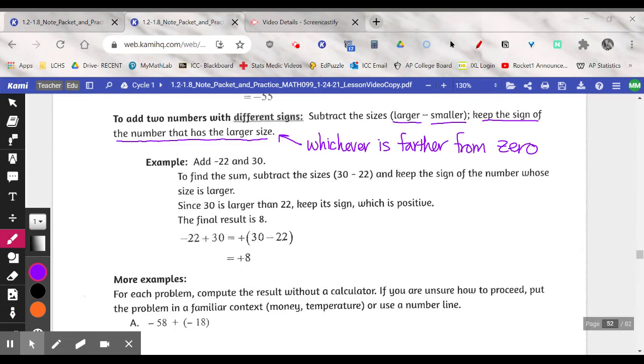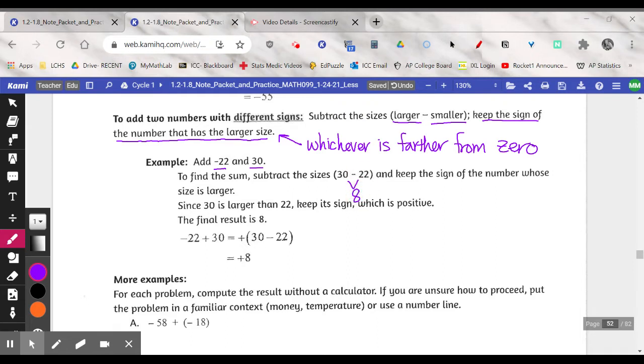If we have negative 22 and 30, you're going to find the sum of the numbers. And to do that, you're first going to take and subtract the sizes. So when we think of negative 22 and 30, I'm going to take the number that's farther from 0 and subtract the other number from it. So we had 30 minus 22. We can see that that has a difference of 8.